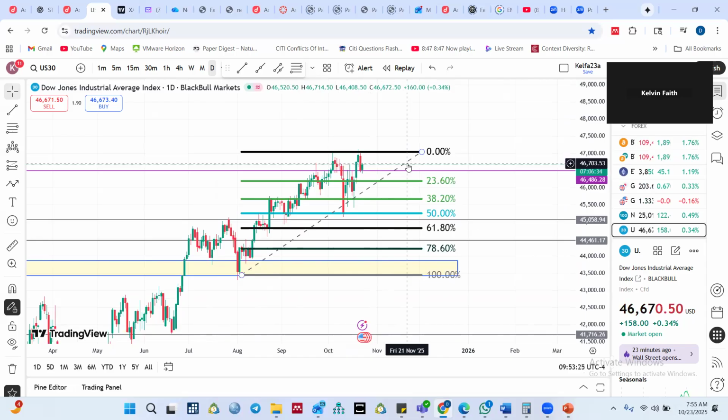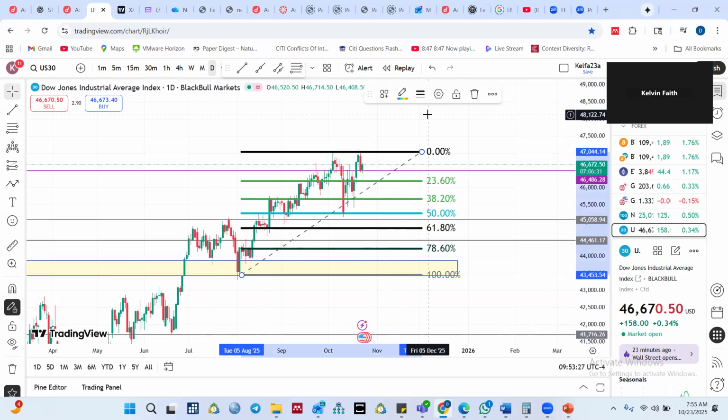So one, we can either frame a sell setup or a continuation setup. But from what I am looking at right now, I sense that we might have a very big pullback.